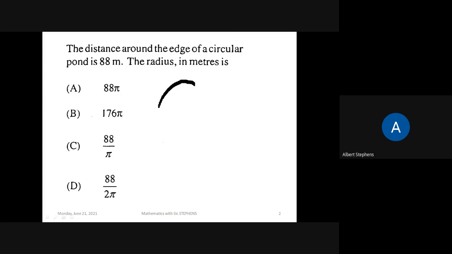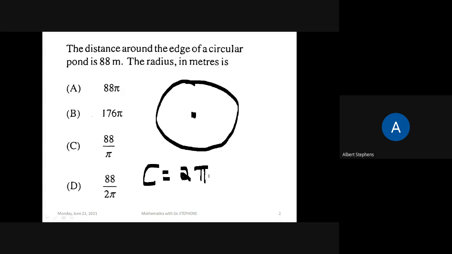So we're talking about a pond here, right? And it's talking about the distance around the edge. So they're talking about the circumference of the pond. All right. And the formula for circumference of a circle is C is equal to 2 pi r. And this formula is given in the exam.